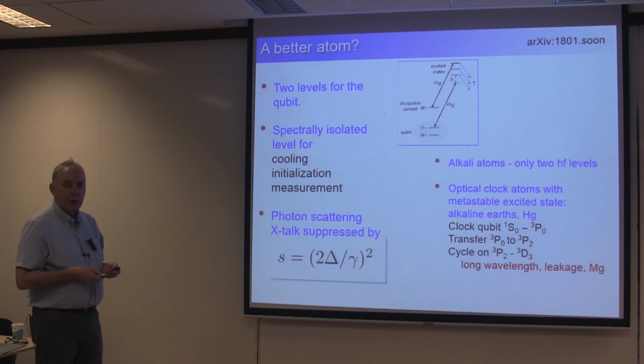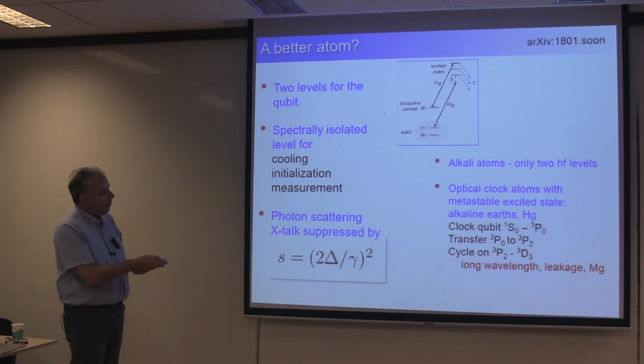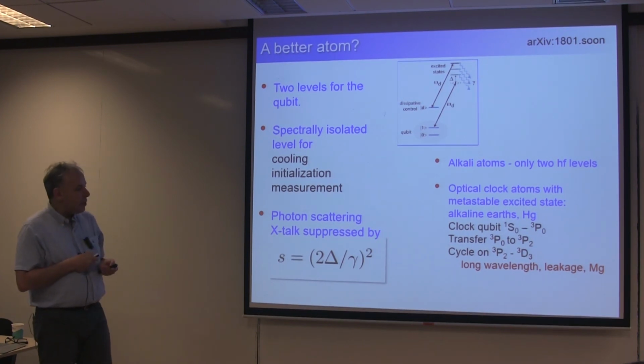Another possible choice is optical clock atoms, such as the alkaline earths or mercury. There you can have a clock qubit at an optical frequency, say from a singlet S to a triplet P level. And then I could transfer this triplet P state to another excited state and then cycle that on a P to D transition as a way of performing this kind of isolated measurement.